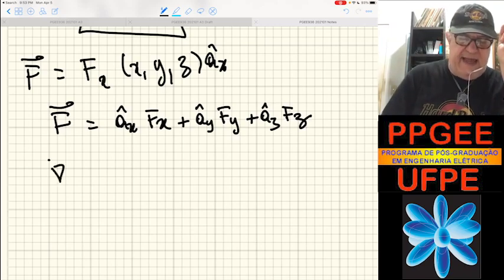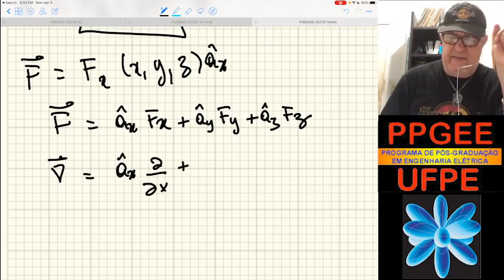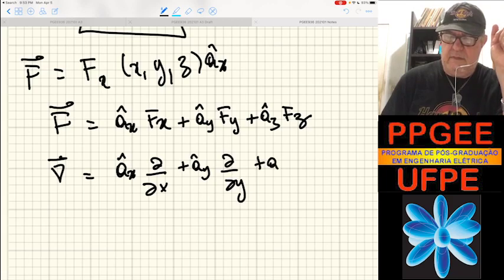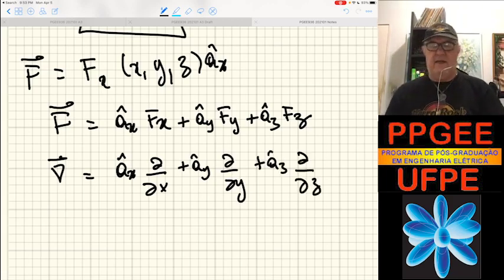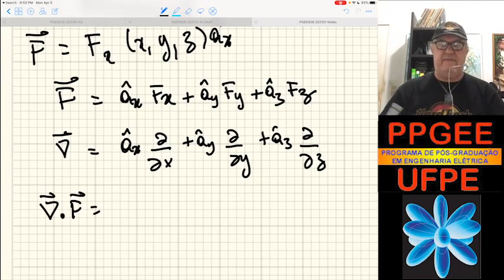And recall that the nabla operator has as components the derivative operators, right? What do we see here? If I make a simple dot product between nabla and f, what do we have?